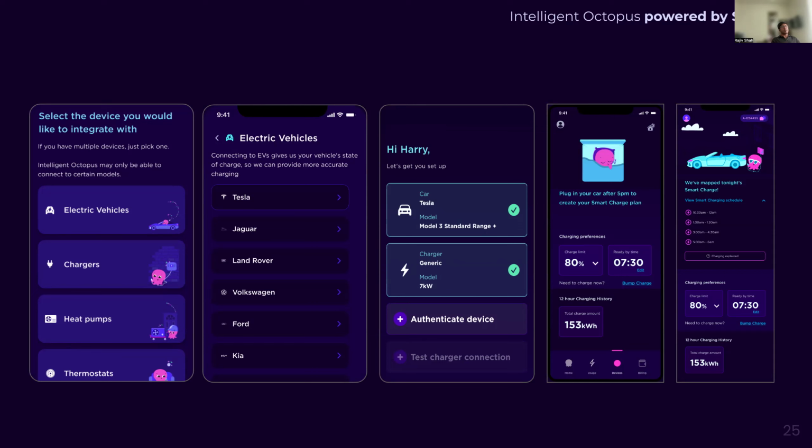We're trying to make it as easy as possible for a customer to get their device into our system, and then once they're there, making it really easy for them to express their preferences, whether it be their temperature preferences or their charging preferences.